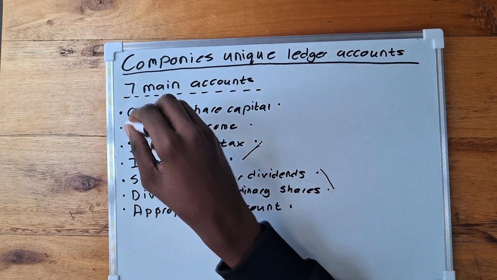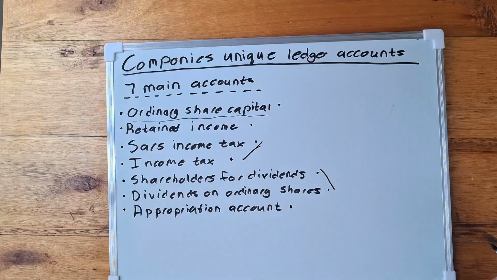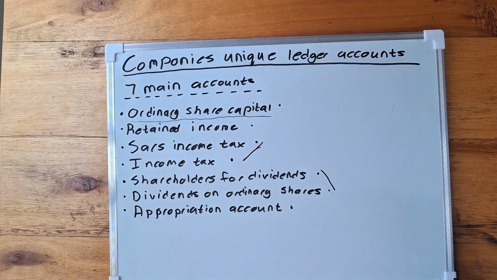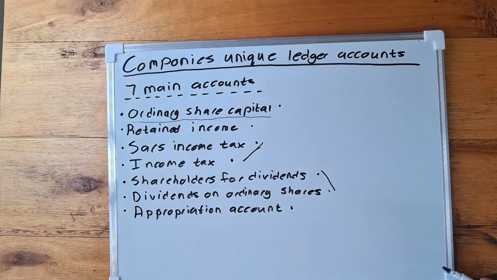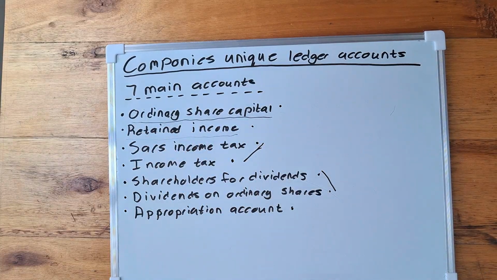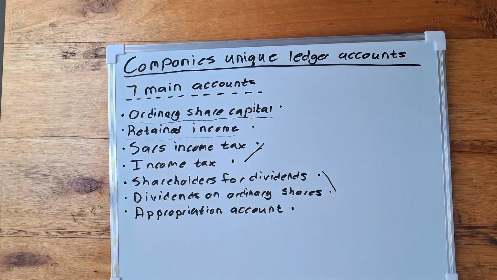Your ordinary share capital records the value of the shares that were issued by the company. Then your retained income records how much money the company is retaining for a certain period.